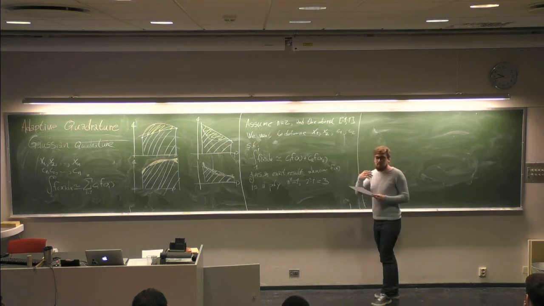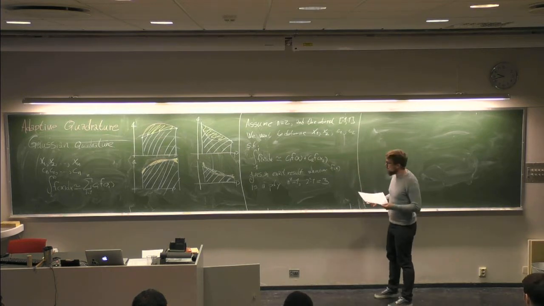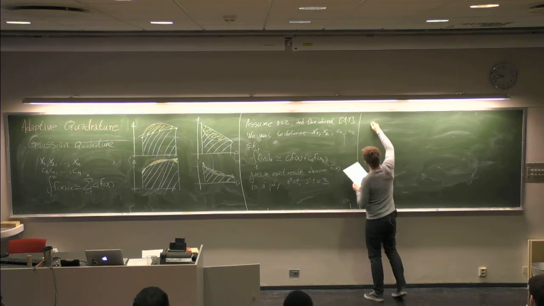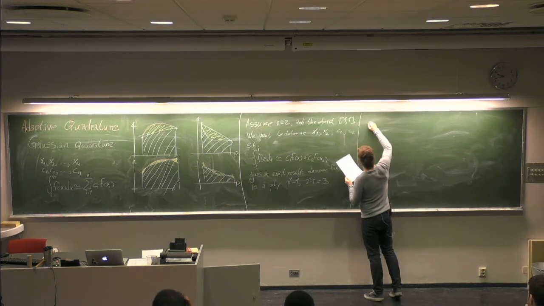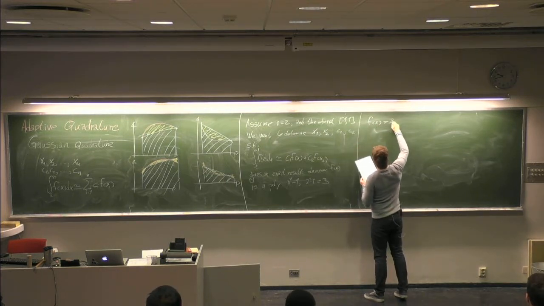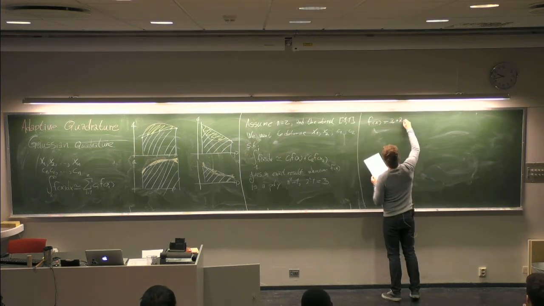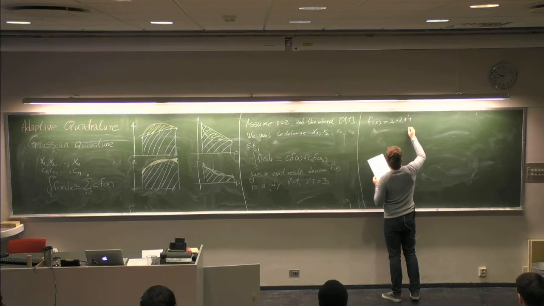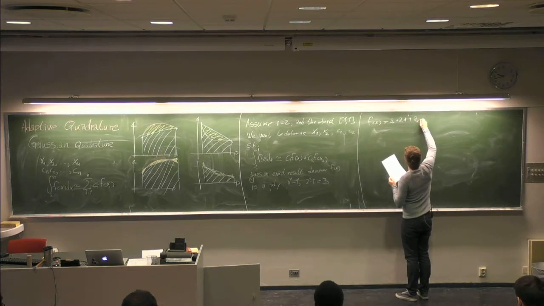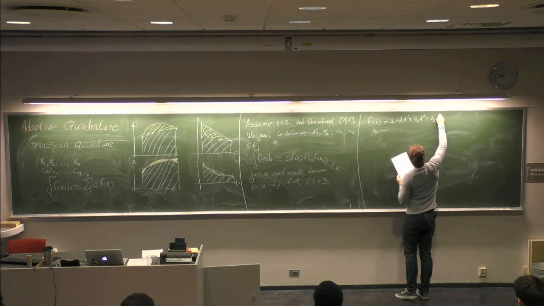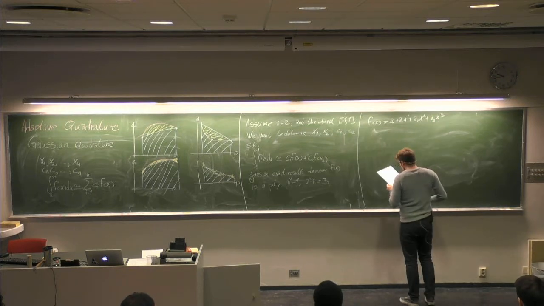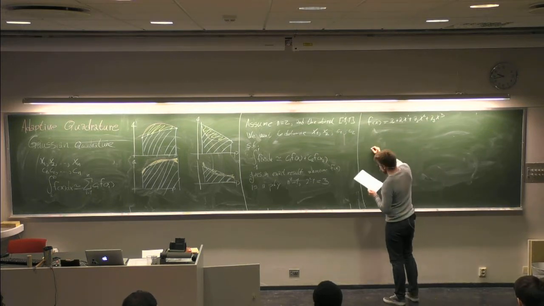So a general polynomial of order 3, well, I'm going to have to use f instead of p: a0 plus a1 x to the power of 1 plus a2 x to the power of 2 plus a3 x to the power of 3. Well, what's the integral of this?